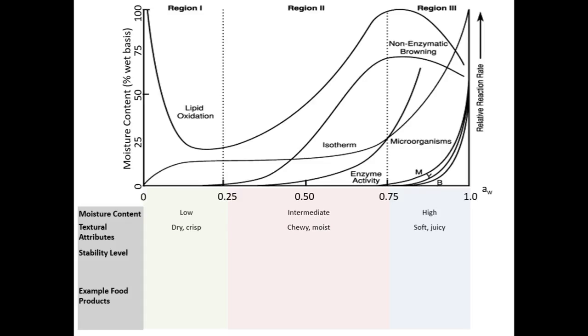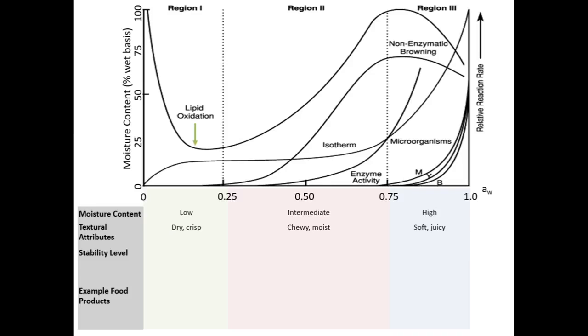So, by plotting the reaction rates, or growth rates for microorganisms, against the water activity, we can predict which factors will affect a food's stability based on the food's water activity. The number of factors that can reduce food stability increase with AW. We can see that in Region 1, lipid oxidation is the main stability concern, and most other factors like microbial growth, non-enzymatic browning, and enzyme activity are not problematic.